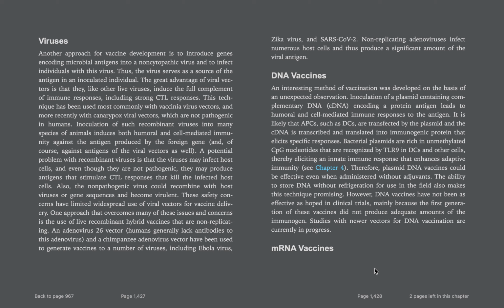Thus, the virus serves as the source of the antigen in the vaccinated individual. The great advantage of viral vectors is that, like other live viruses, they induce a full complement of immune responses, including a strong cytotoxic T lymphocyte response.